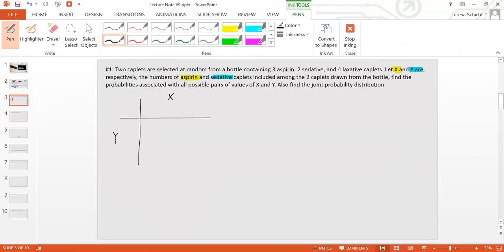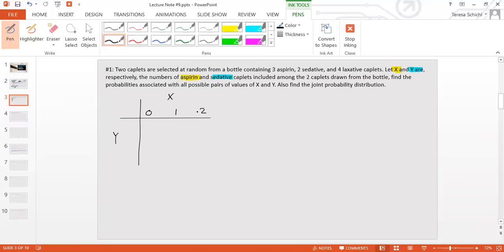I'm only taking 2 caplets here. X is the aspirin, so what are the possible values of X? It can be 0 aspirin, 1 aspirin, or 2 aspirins.